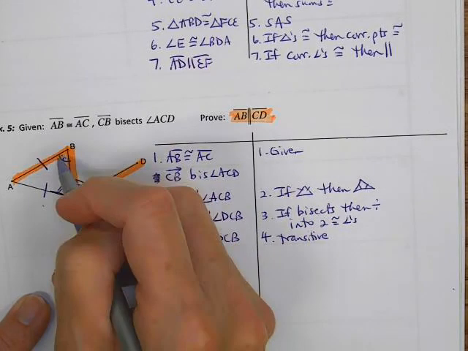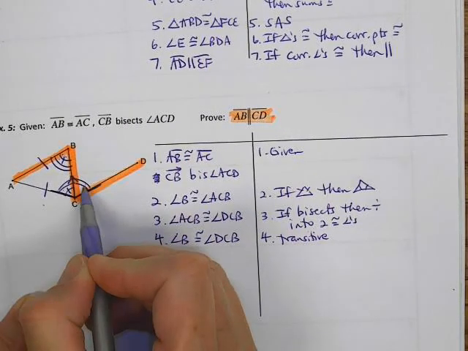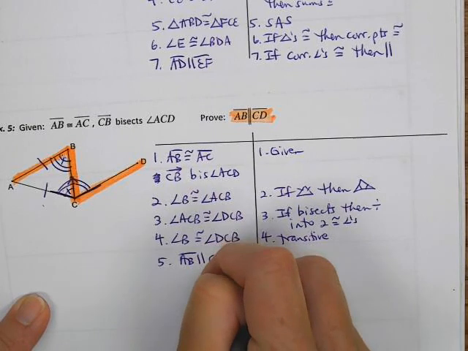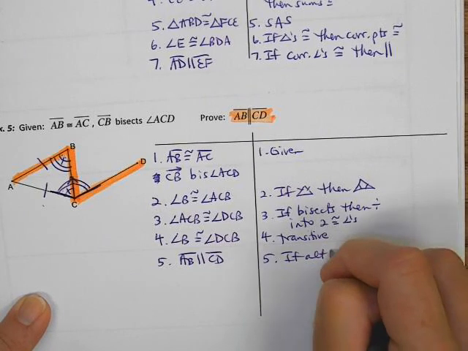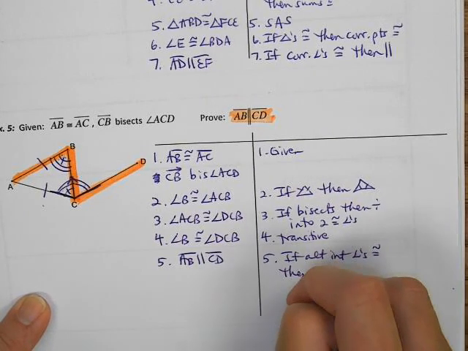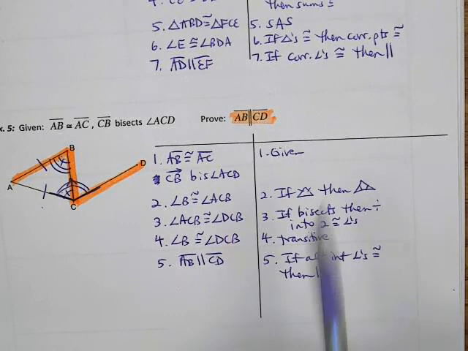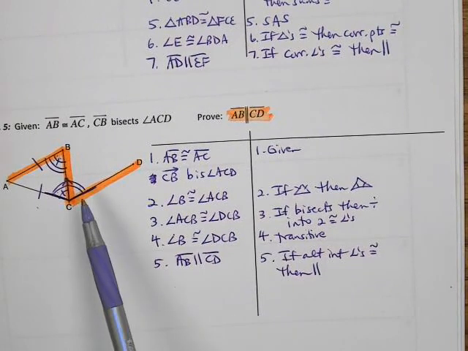And then since these two angles are congruent, B and DCB, I can say AB is parallel to CD if alternate interior angles are congruent, then the lines are parallel. Okay, so again, using these tips, highlighting what you're trying to prove, looking for what angles you need to get them parallel. That's it for today.